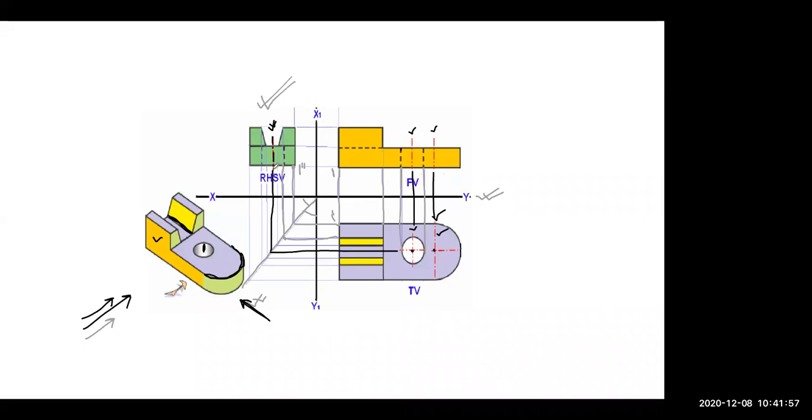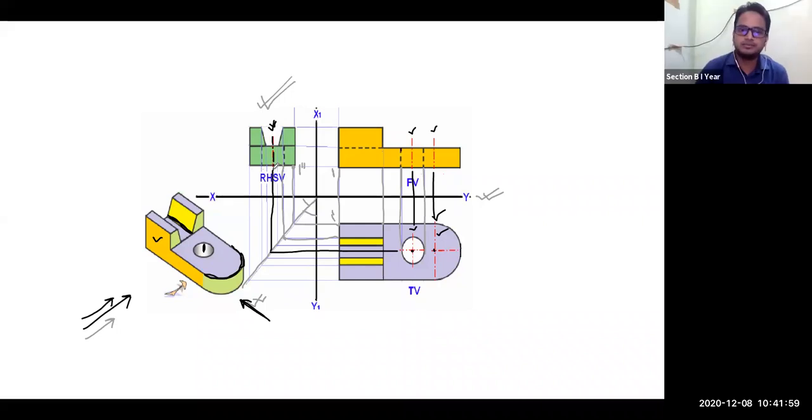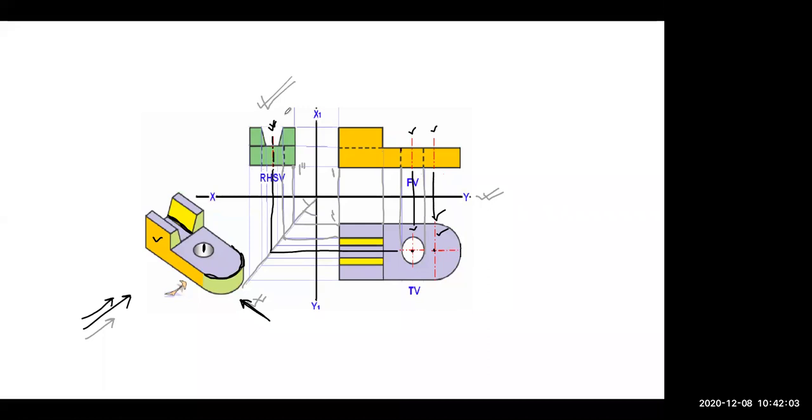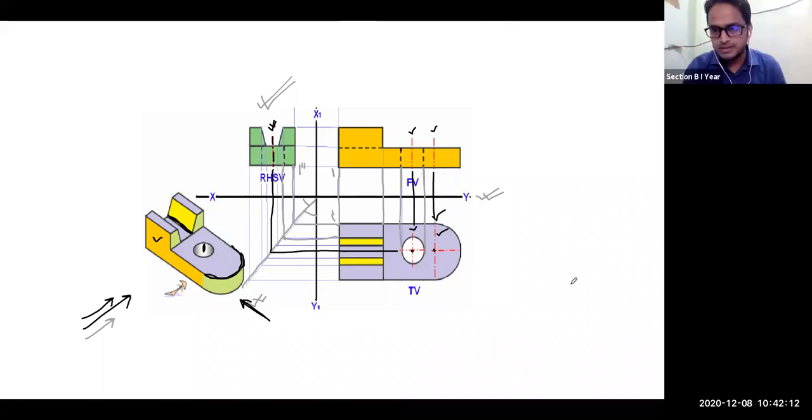Yes, sir. Okay, any other doubt? No, sir. Okay, fine, very good. Let me see in the chat box if any other question is there. One person has written, sir, please explain the top view. 1029, please unmute yourself.